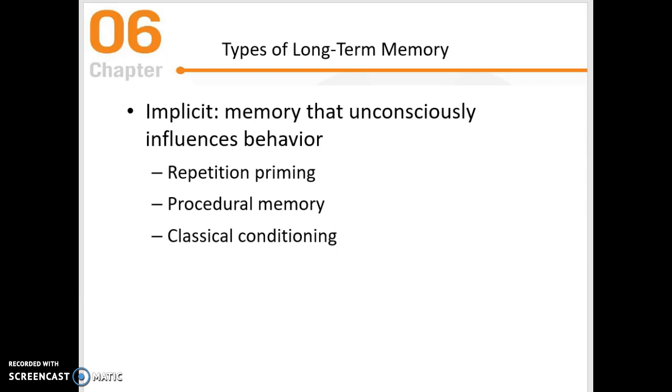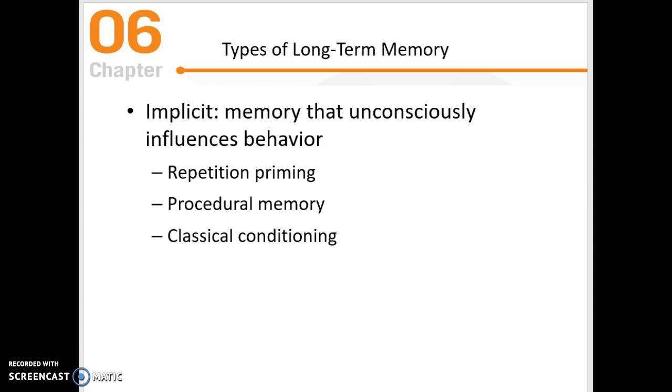There's one task that your textbook refers to about presenting words, but the focus is not on the word itself, it's on the color perhaps. And so you are not necessarily rehearsing or thinking that you need to remember those words, but then you are primed if you see that word again later.